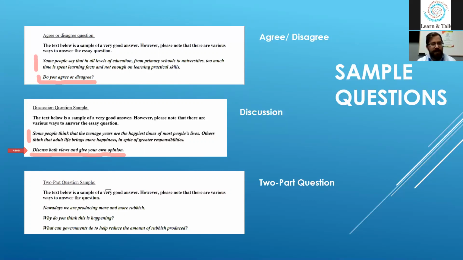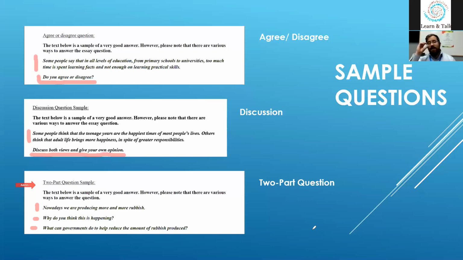Then let's take a look at this next example here, which is a 2-part question. Our topic is very simple. Nowadays, we are producing more and more rubbish. We have 2 tasks. Why do you think this is happening? What can governments do to help reduce the amount of rubbish produced? So why is there so much garbage? What are the causes of garbage? And what are the solutions that governments can do to fix how much garbage we have?